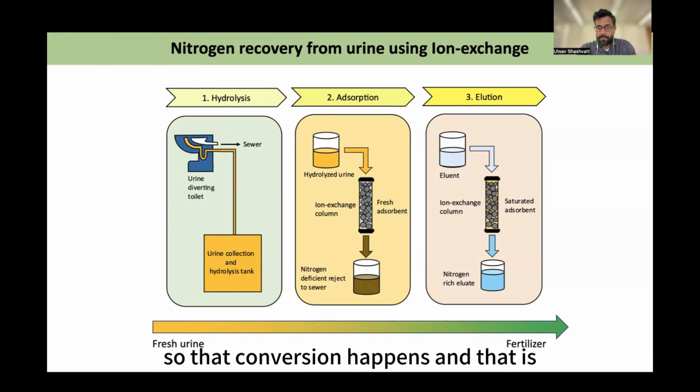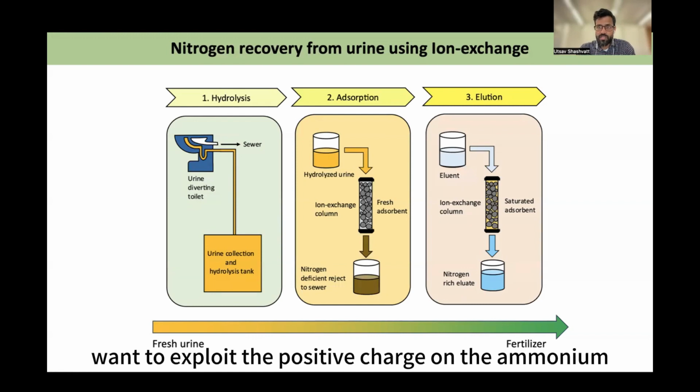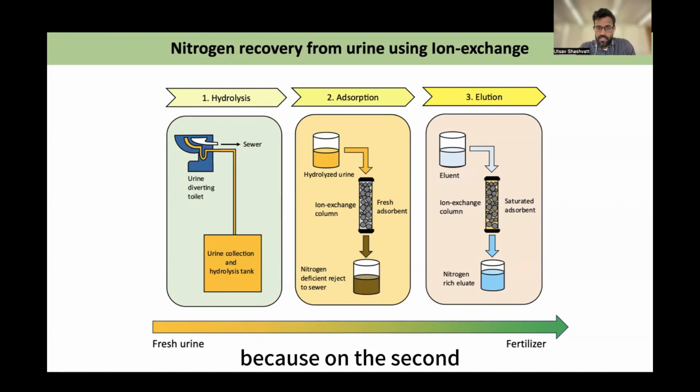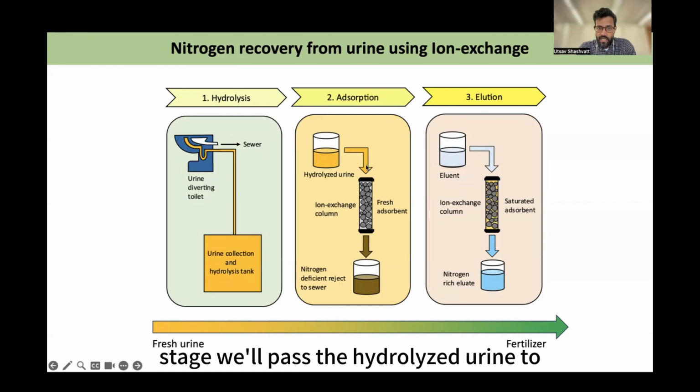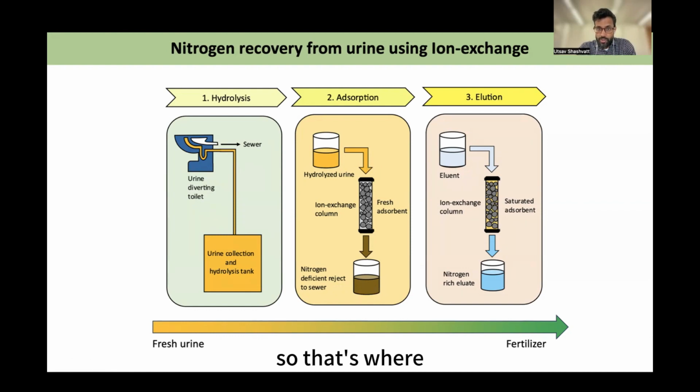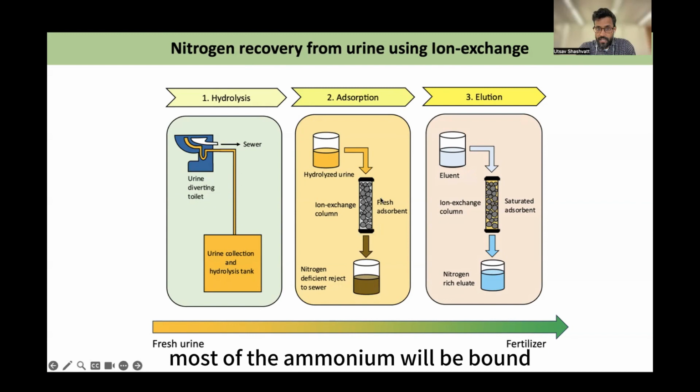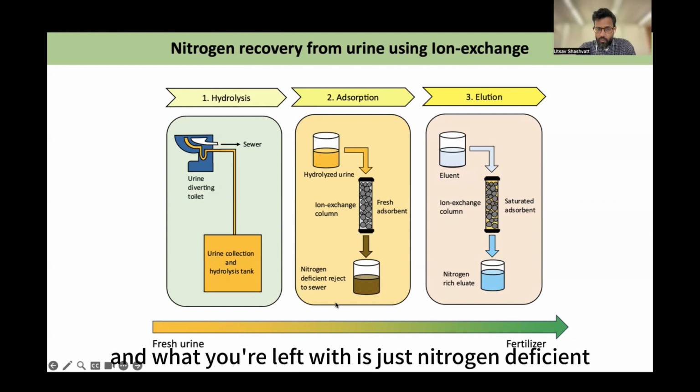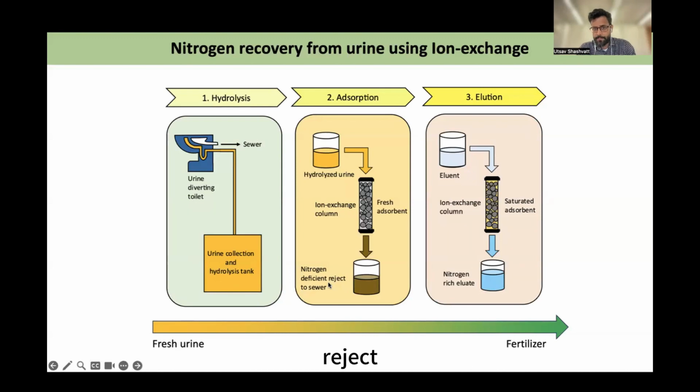That conversion is critical for our process because it's ion exchange based, and we want to exploit the positive charge on the ammonium. In the second stage, we'll pass the hydrolyzed urine through an ion exchange column with cation exchange resin. That's where most of the ammonium will be bound, and what you're left with is just a nitrogen deficient reject.